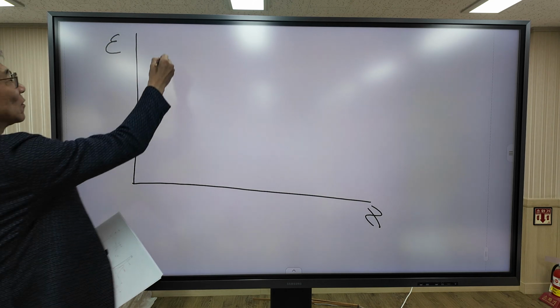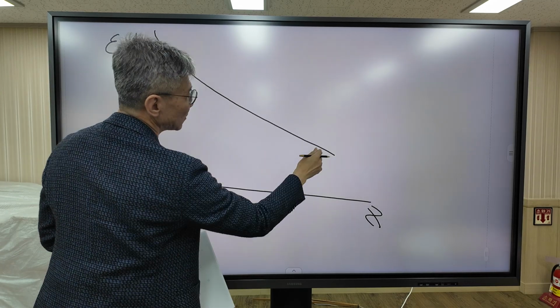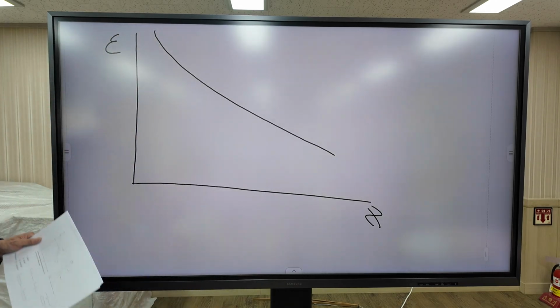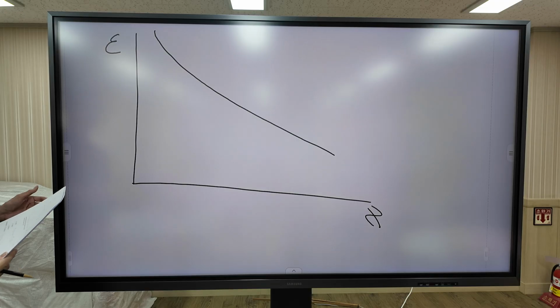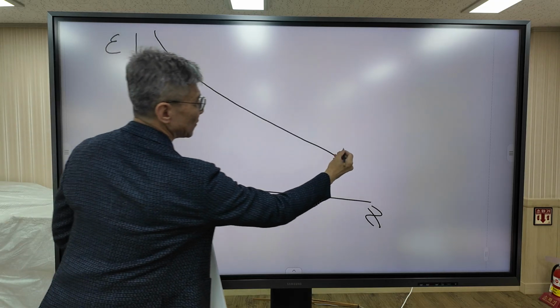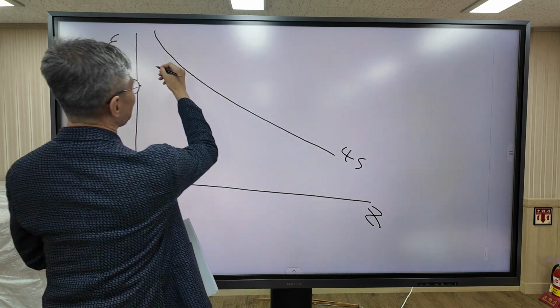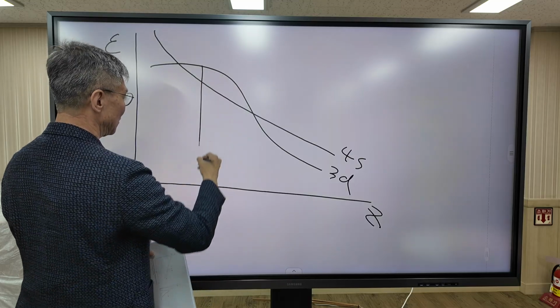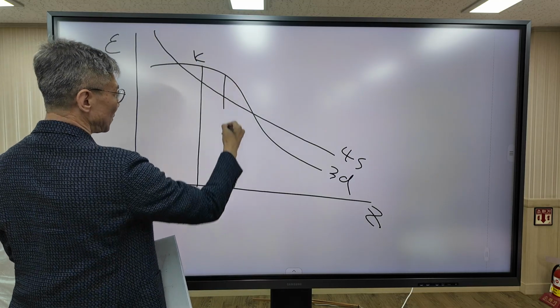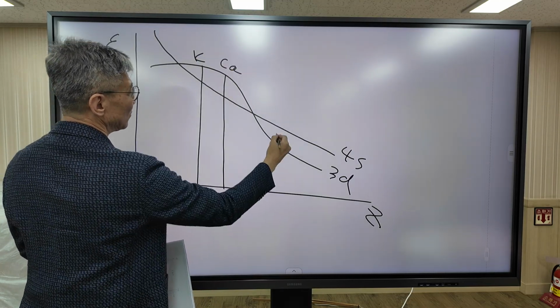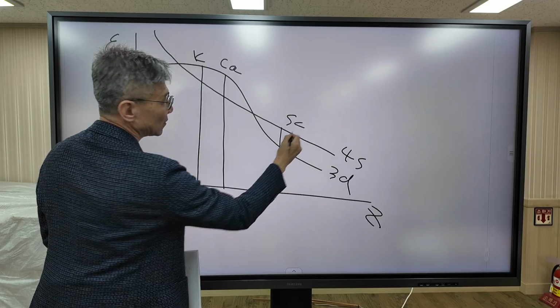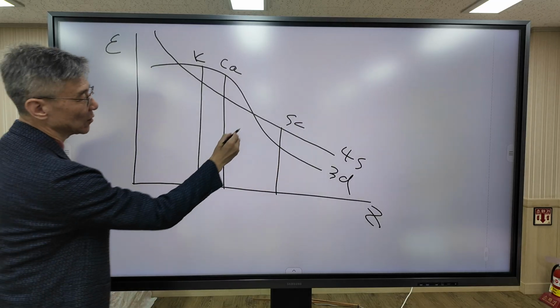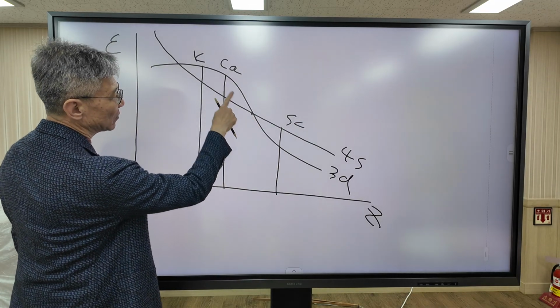The 4s orbital energy level decreases monotonically, but the 3d orbital behaves in a somewhat unusual way. Here, potassium, here, calcium, here, scandium. So there's a crossover between calcium and scandium.